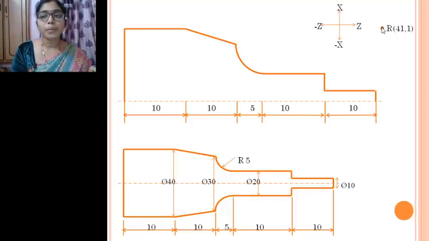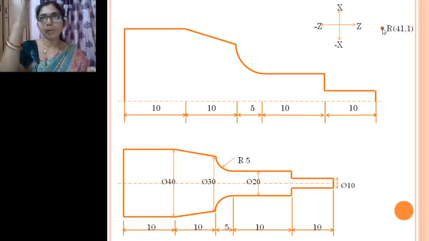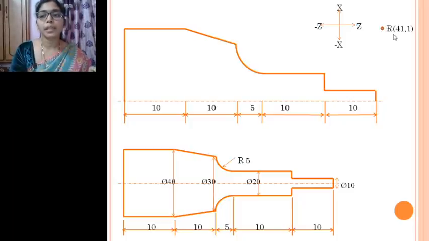So here we take the reference to be 1 mm above and 1 mm just behind. Since the total diameter here is 40, I am taking it just 1 mm above, 41, and we define the point where we are starting to be 0.